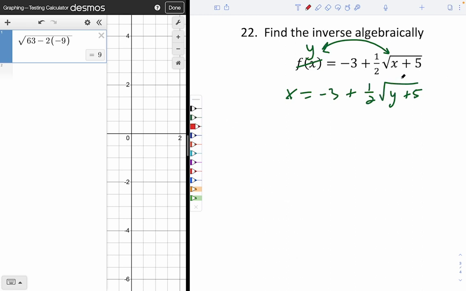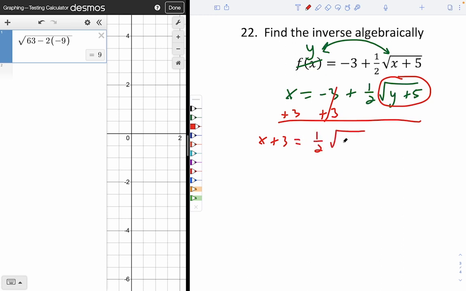We're solving for y, so we're going to have to isolate the square root. I'm going to need to get rid of the 1/2 and the negative 3. So let's add the 3 over. So we get x plus 3 equals 1/2 square root y plus 5.